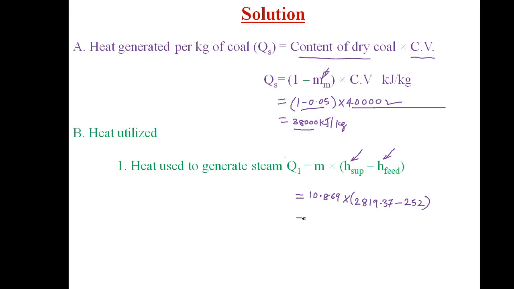On simplification, we get this as 27877.6 kilojoules of heat energy absorbed per kg of steam. So this is how we calculated the amount of heat energy used by steam per kg of fuel burnt.